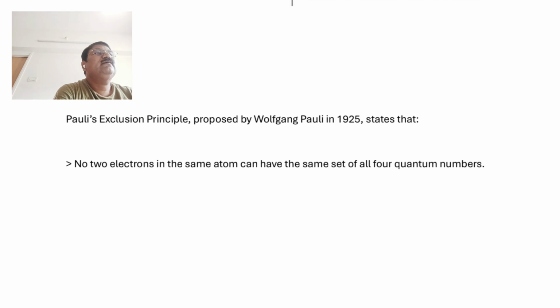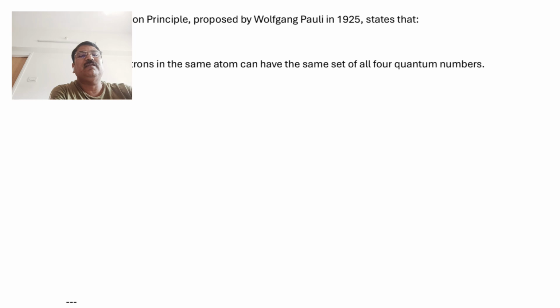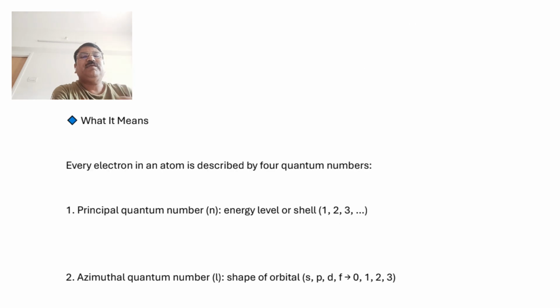We have already studied there are four quantum numbers, and in an atom it is never observed that two electrons have all four quantum numbers in the same manner. Let us see an example of what it means.